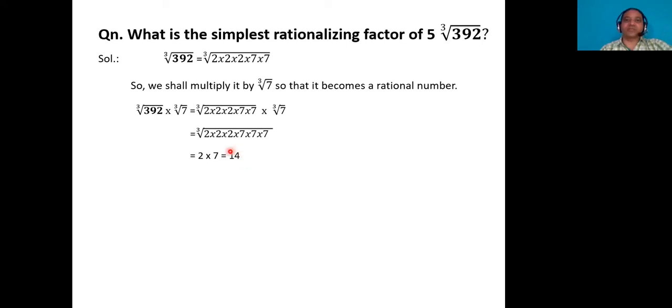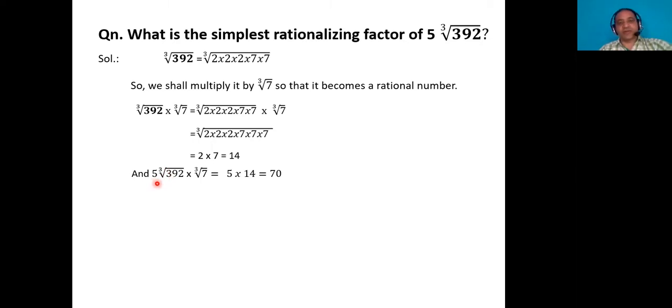And now this is a rational number. So in order to make this a rational number, we had to multiply this with cube root 7. Hence cube root 7 is the simplest rationalizing factor. The full number was 5 cube root 392.